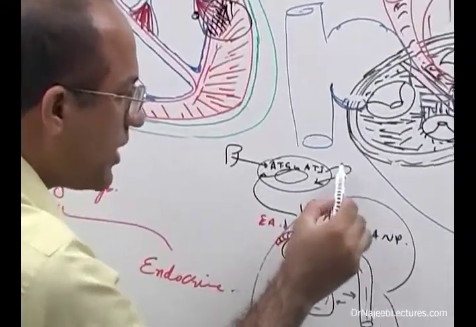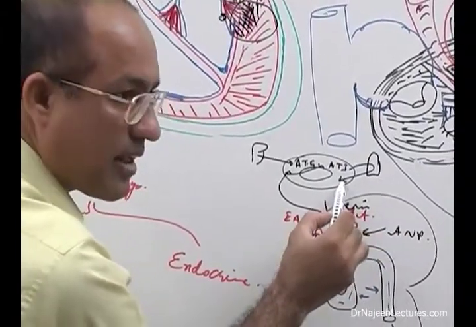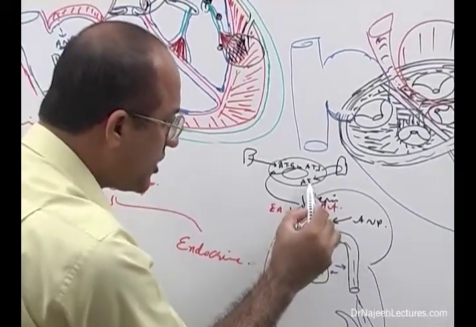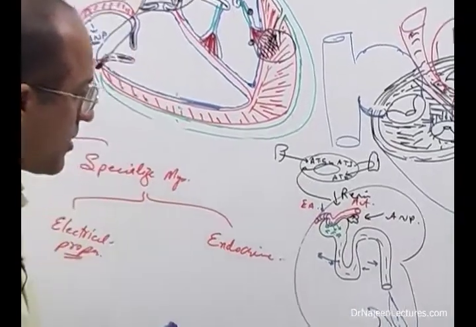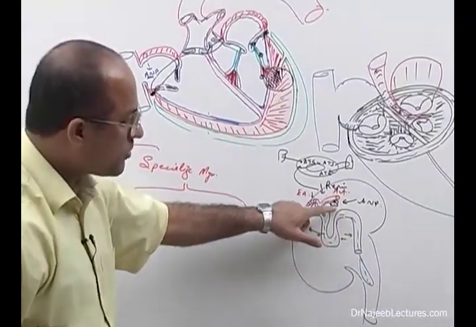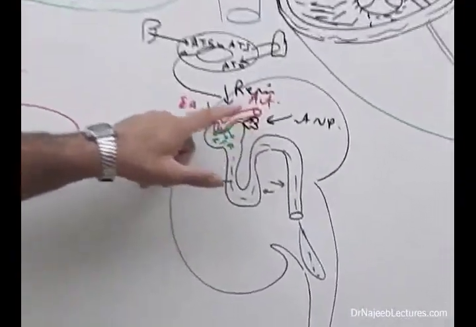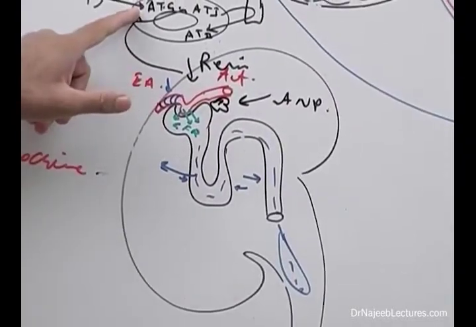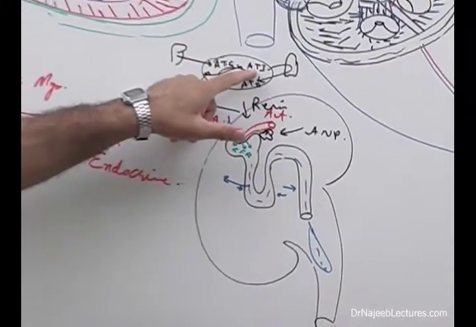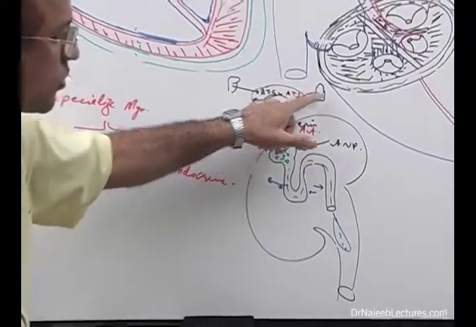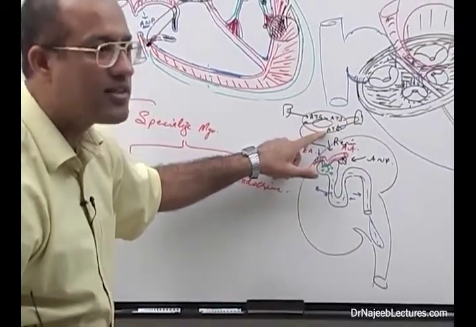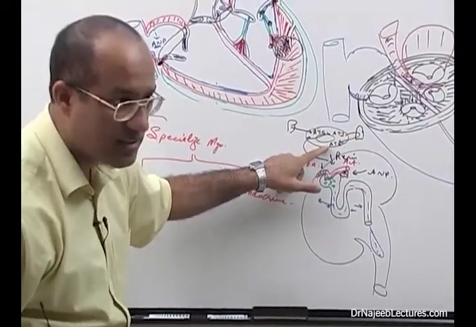Angiotensin 1, when it passes through the lungs' capillaries, converts into angiotensin 2. Now listen carefully. When atrial natriuretic peptide is more, it reduces the renin production. So conversion of angiotensinogen into angiotensin 1 becomes less. Then conversion of angiotensin 1 into angiotensin 2 becomes less. In the blood, angiotensin 2 is less.